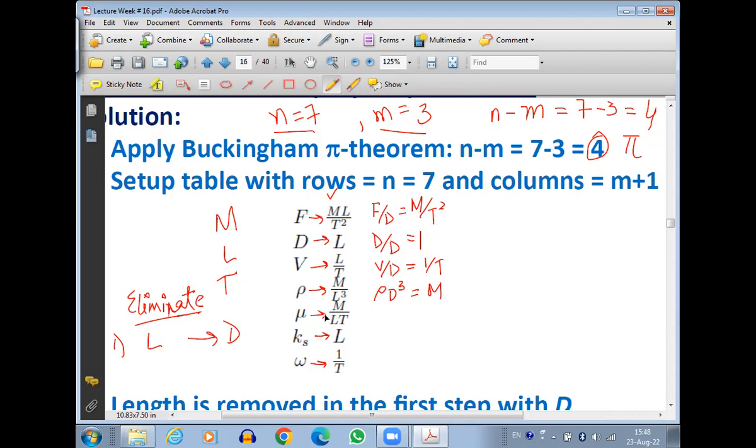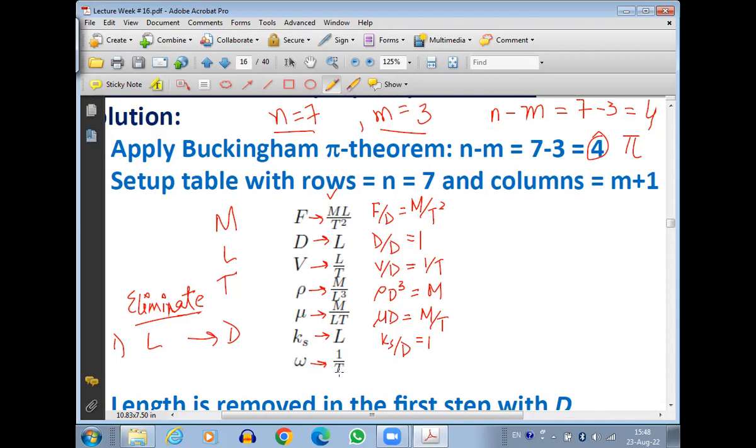But L I am representing as D. So multiply by D, it should be mu D, and that will be M by T. Then Ks by D, that will be 1.